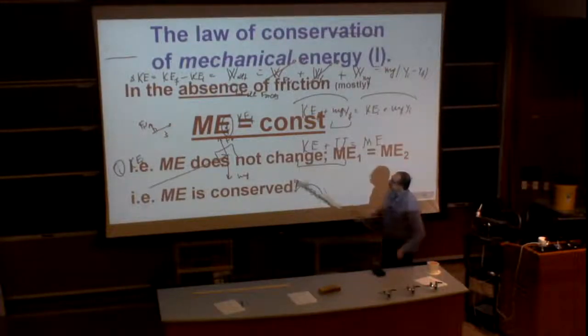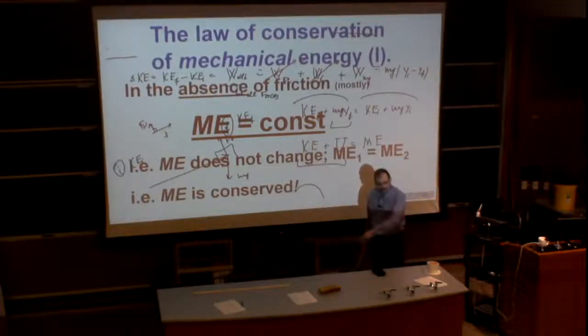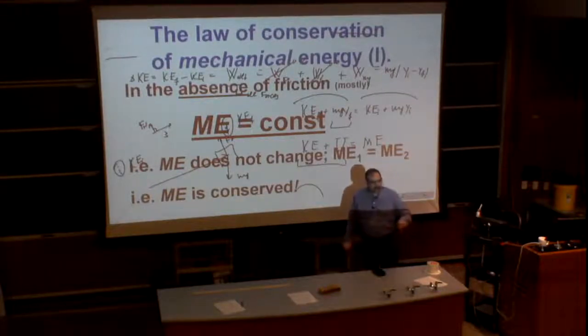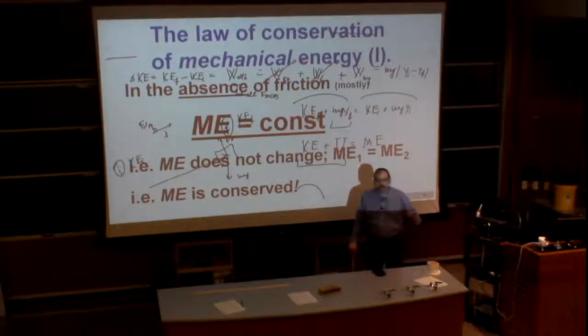It says, in the absence of friction, like we just proved, mechanical energy initial and mechanical energy final are equal to each other. In physics, when initial value and final value are the same, we call it conservation.